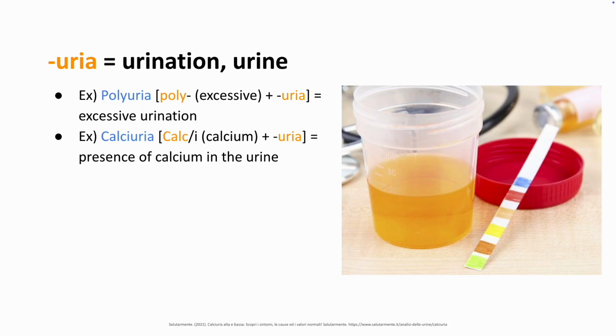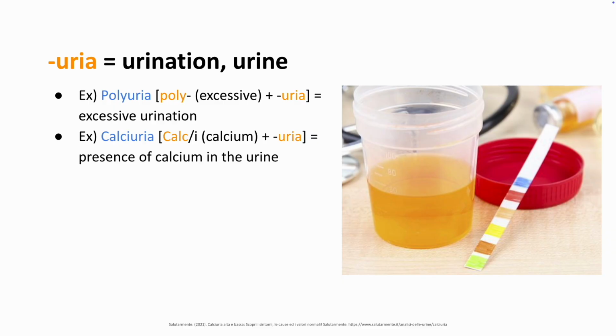So poly is something you use if you have multiple of something, polymer, for example. So prefix poly means excessive, and combined with the suffix uria, polyuria is excessive urination.